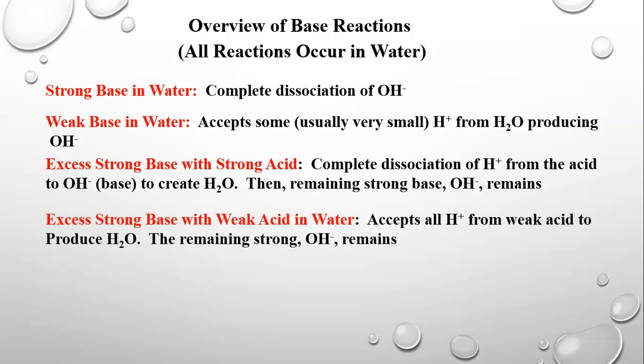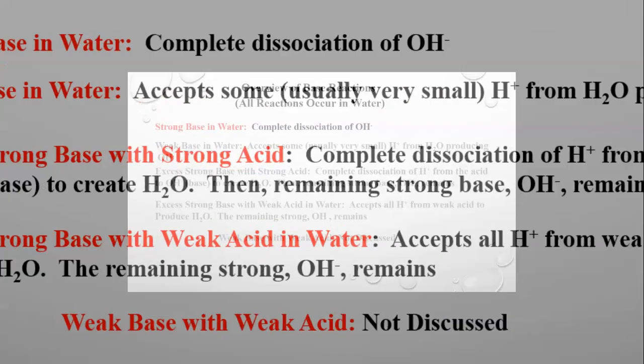Then excess strong base with weak acid in water accepts the H+ from weak acid, all of them. Weak acids will totally give up their protons to a hydroxide, and produce water molecules. Then the remaining OH- remains in solution to create a basic solution. And again, we don't deal with weak base, weak acid situations.